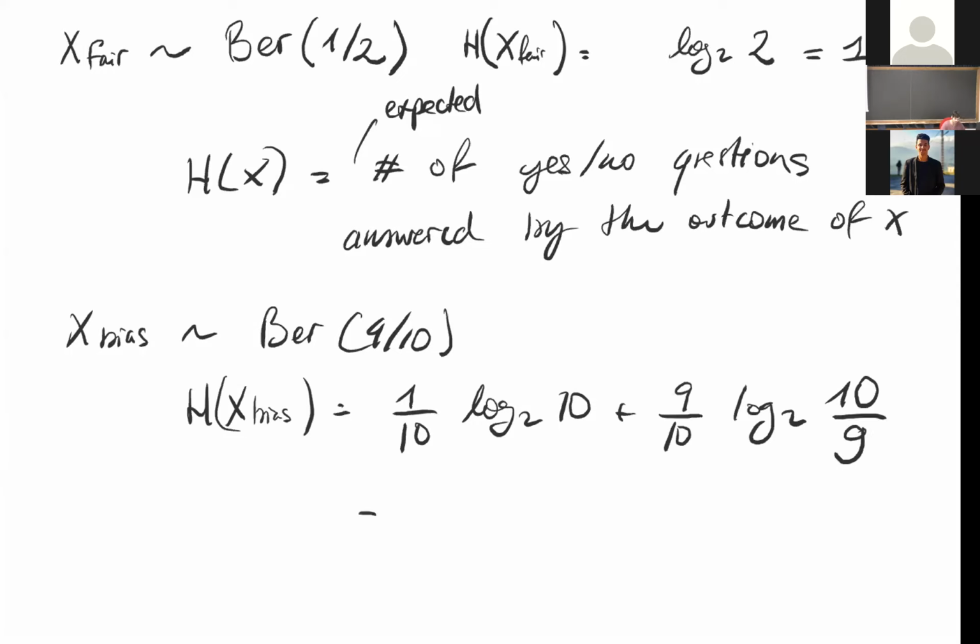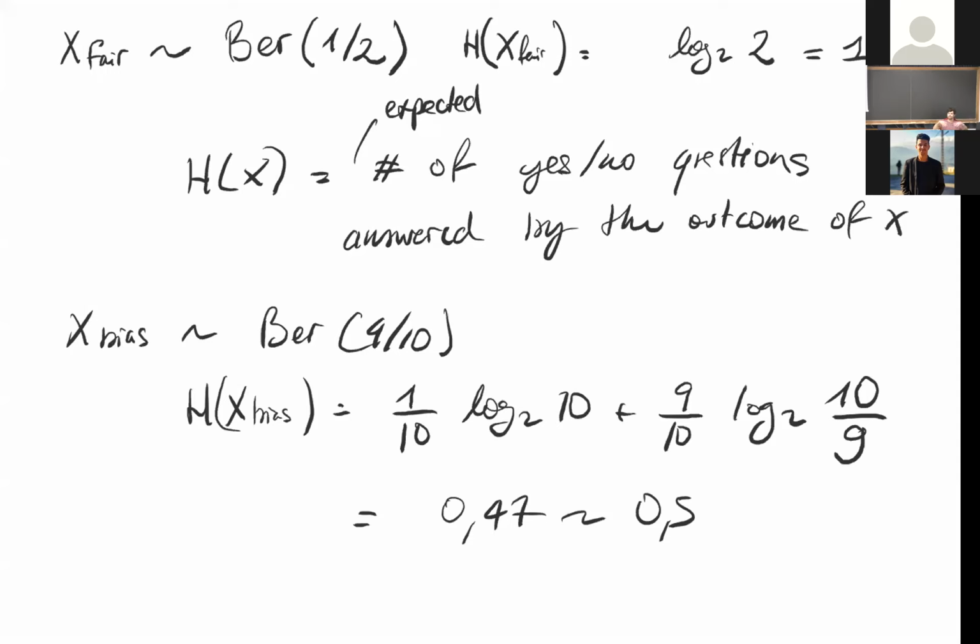And if you compute that, it is actually close to 0.47, which is close to 0.5. So on average, this biased coin brings half of the information brought by the fair coin. Or it is 2 times more predictable, approximately. Or you would need, on average, half as many questions.